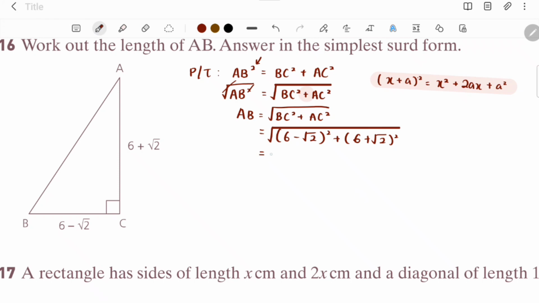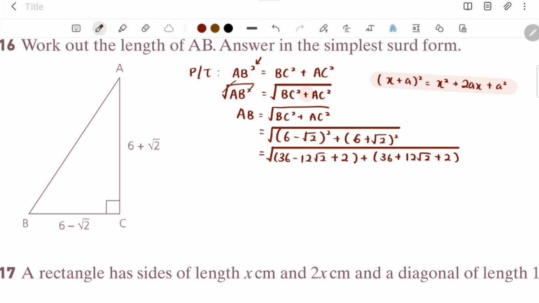This one will make it easier for you, faster for you while doing the maths here. So this one, 36, you still have to write down the bracket to avoid mistakes. So 36 minus 2 times 6 times surd 2, 12 surd 2, and then negative times negative is positive 2, and then plus 36 plus 12 surd 2 plus 2.